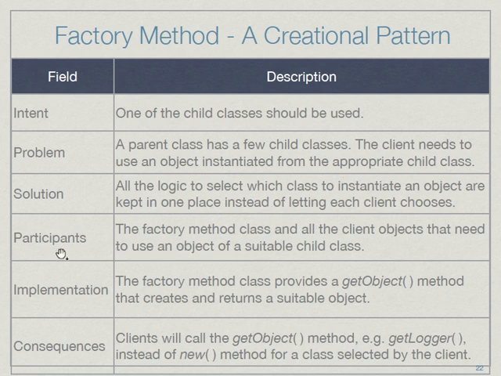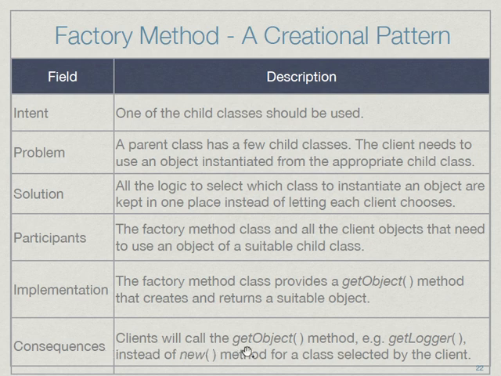The clients would just call that method to create an object, okay? Of course, it may be called get ABC or get something something. So it will try to get the object.